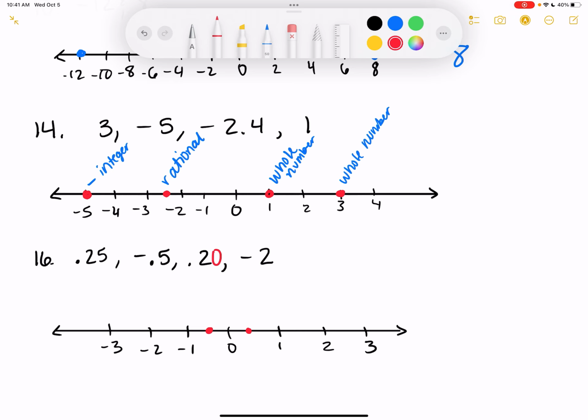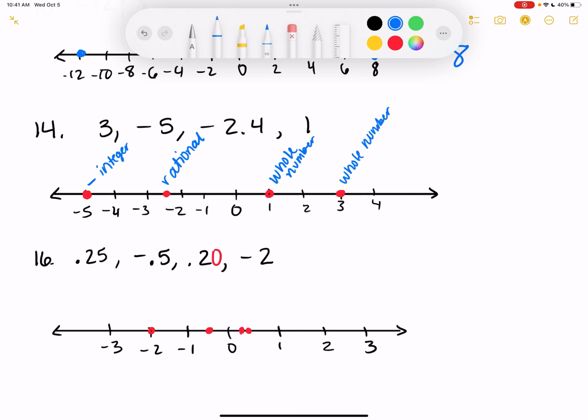Which one would you rather have? 1/4 or 2 dimes? 2 dimes. You only want 20 cents, not 25 cents. So it's going to go to the left, just by a little bit. And then negative 2, obviously that goes on its point.